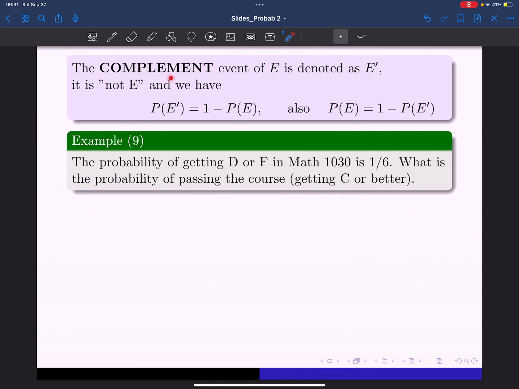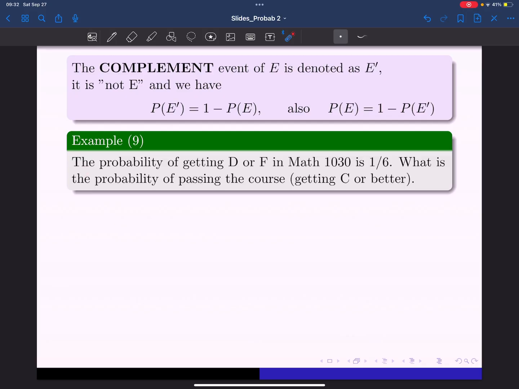Now the complement event of event E is denoted E prime, and it is not E. The probability of not E is 1 minus the probability of E. Also, you can rearrange this and move it the other way, so the probability of E would be 1 minus the probability of not E. That should make sense because both probabilities give us the total of everything there.